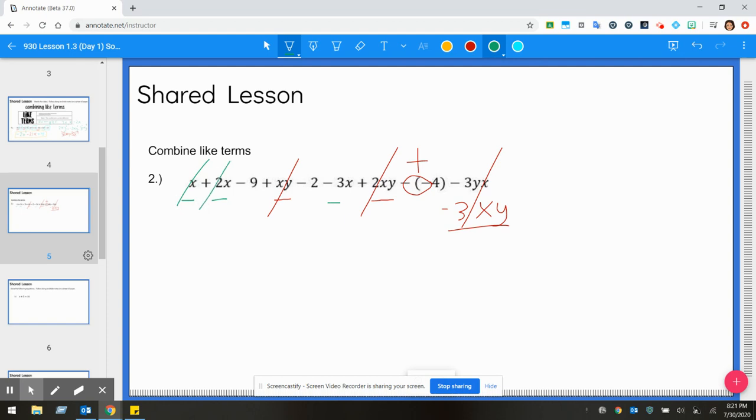So these end up canceling out as well. Negative 9 minus 2. And then I have my plus 4 gives me negative 7. Okay. Again, please make sure you are staying organized.